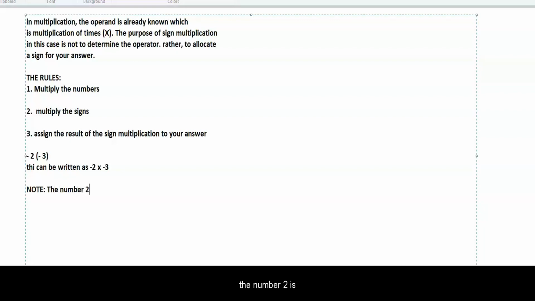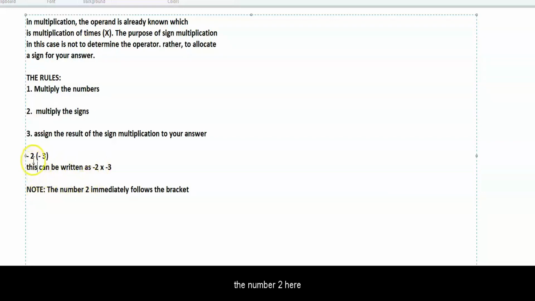The number 2 is... So minus 2 bracket open minus 3 bracket close can be rewritten as minus 2 multiplied by minus 3.